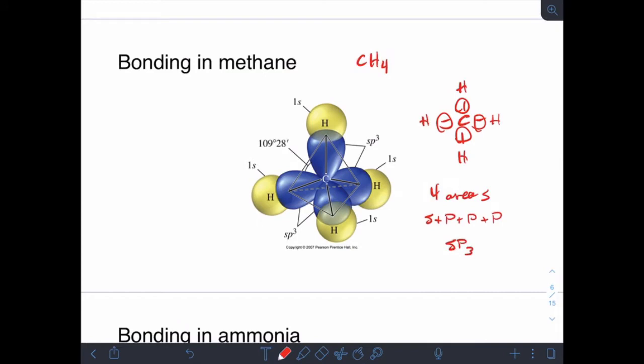Each one of these bonds is an sp3 orbital, so I have 4 sp3 hybrid orbitals, and they each directly overlap with the 1s of the hydrogen. The hybridization itself is why they orient in the 109.5 degree bond angles.